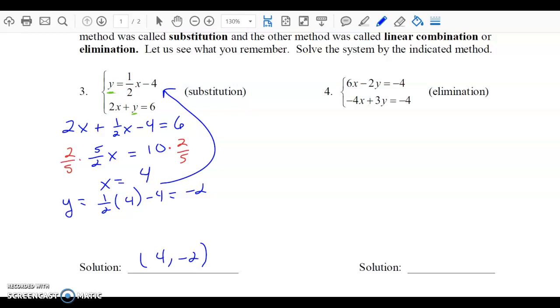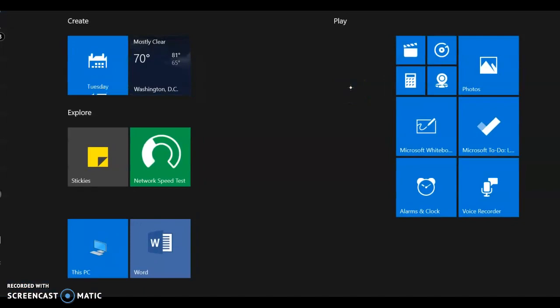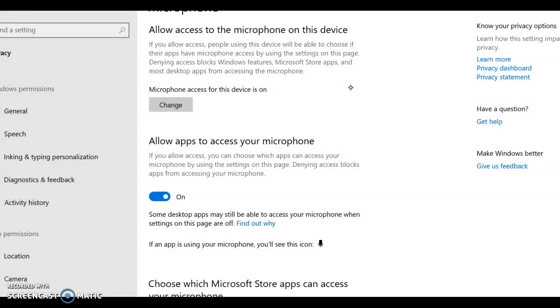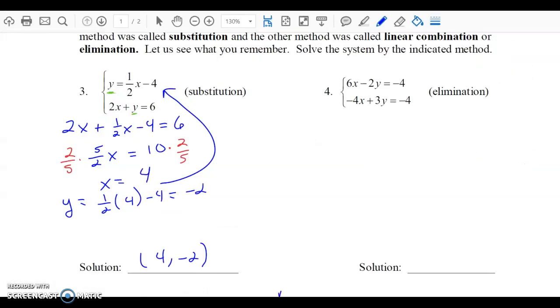Elimination. Remember when we do elimination, we're going to add the columns. So we have to either decide to get rid of the x's or get rid of the y's. I'm going to go ahead and get rid of the x's. So I'm going to multiply. Sorry about that. So I'm going to go ahead and multiply the top equation by a 4 and the bottom equation by a 6.